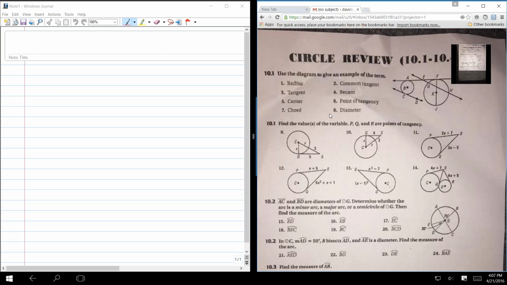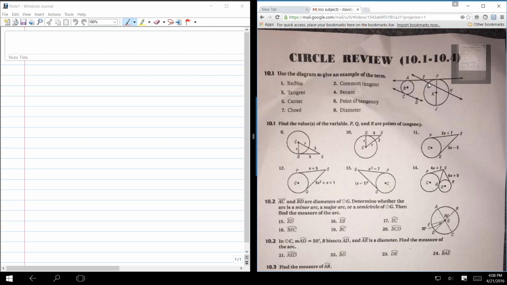Okay. And a chord. A chord would be like EH. Now that's a secant line. Oh, then... Chord only goes from circumference to circumference. Okay, so FJ. FJ is actually a chord. It's also a diameter.